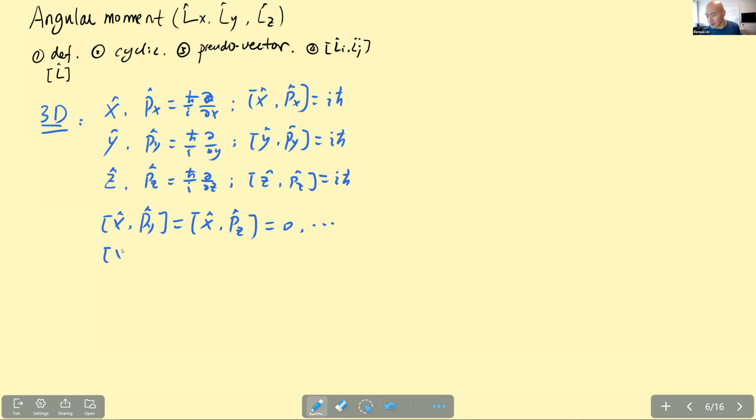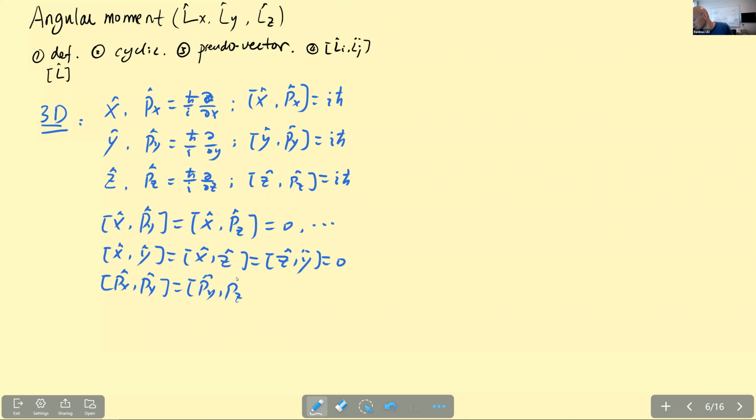And also you have the mutual commutators of the coordinates. Okay, so they all commute.